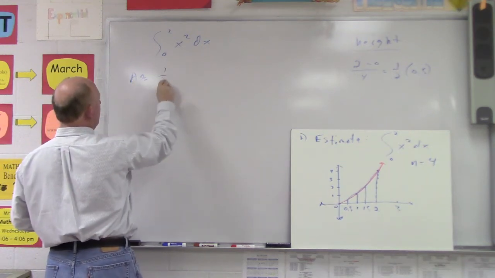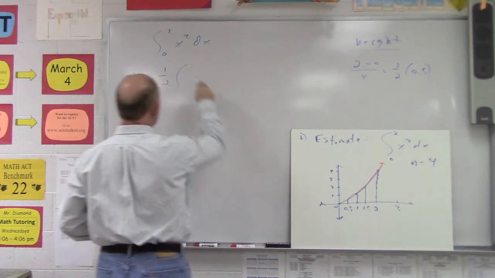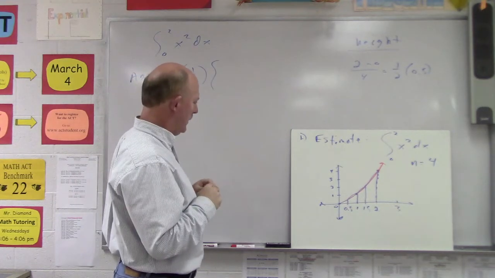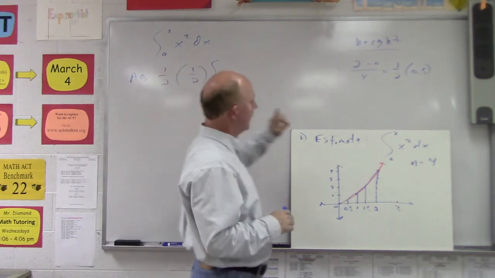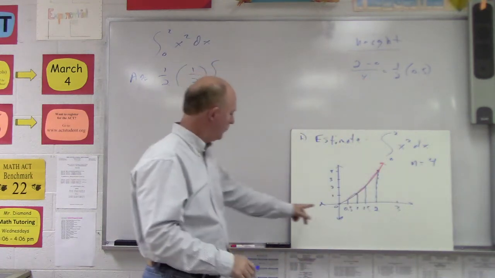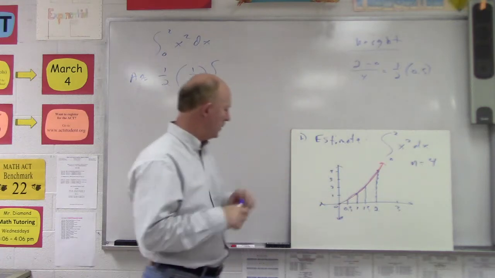So this would be 1/2 times the height. Now the height we said is going to be 1/2, so 1/2 times the function at 0, from 0 to 2. Every one half we're going to have a new trapezoid.